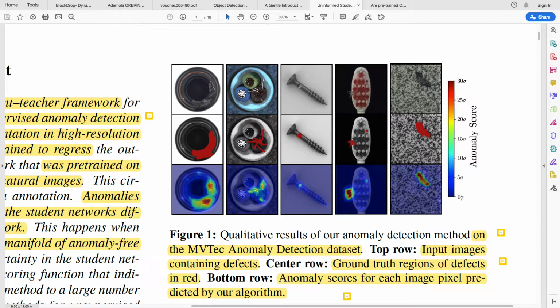Okay, you can see the standard deviation of the score, red being the highest. So the more red it is, the more accurate it's able to get it, because the ground truth is actually in red anyway.